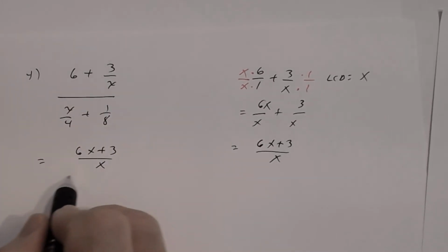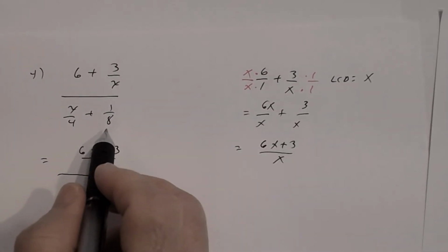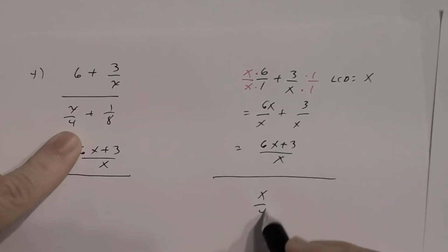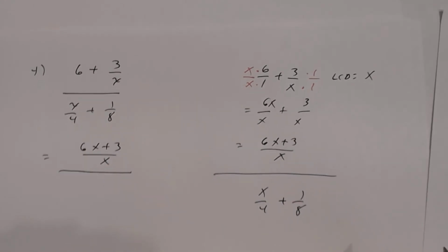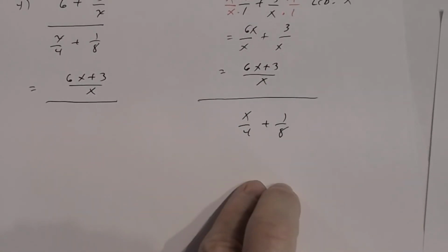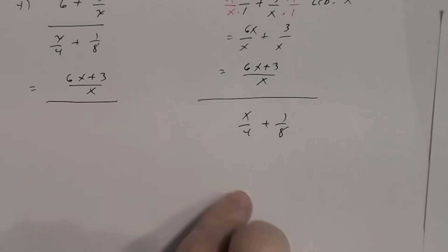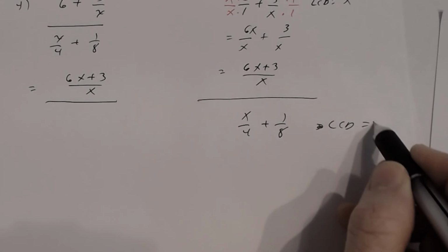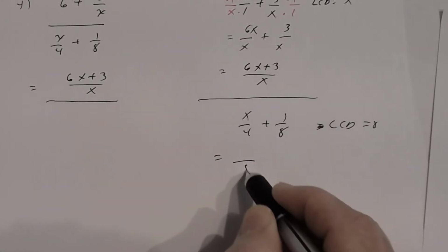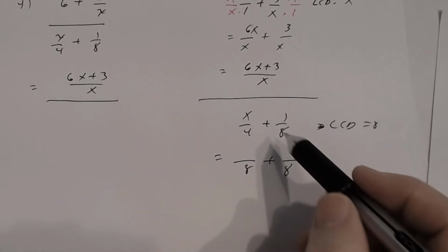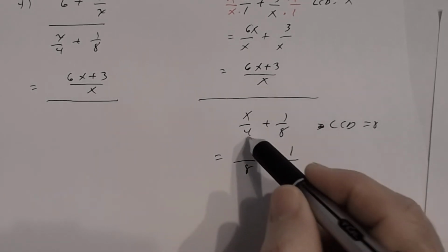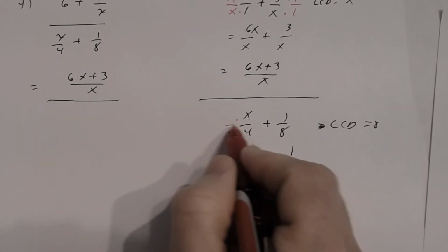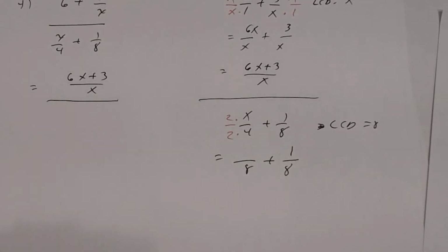Now I'm going to divide this by this part. Method 1 says I take this part, x divided by 4 plus 1 divided by 8, and write it as one fraction instead of the addition of two fractions. The LCD here is 8, so I need to write two fractions with 8 as a denominator. 1/8 is already equivalent to itself. For this one, I multiply 4 by 2 to get 8, and what I do to the denominator, I do to the numerator, so my numerator is 2x.